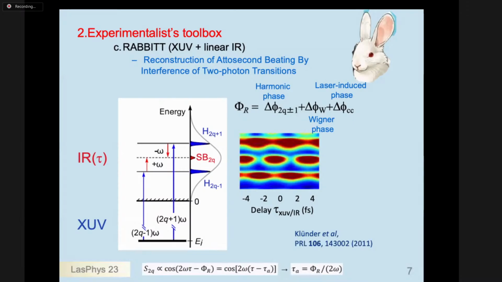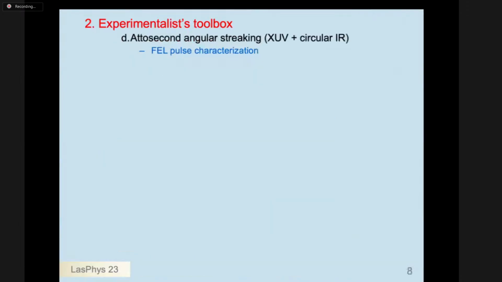Very recently, they do the RABBIT with circularly polarized pulses, and by changing the helicity of these pulses, they were also able to do relative measurements.